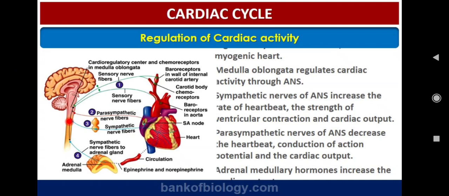The parasympathetic nerves of the ANS decrease the heartbeat and conduction of action potential.